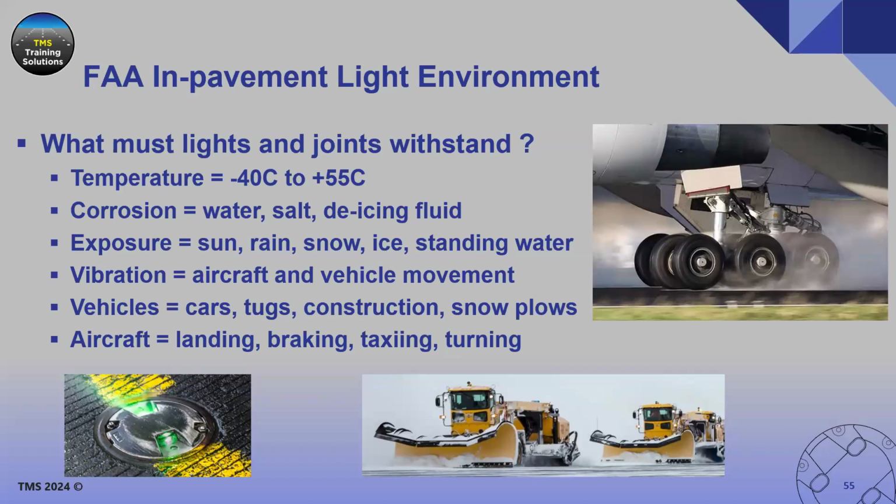It could be water, salt spray, de-icing fluids, even things like oil and fuel, all things that end up on the pavement and eventually get into the light fixtures. Then you have other environmental exposure for things like sunlight, rain, snow, ice, standing water that all have to be accounted for, which all contribute to corrosion as well.